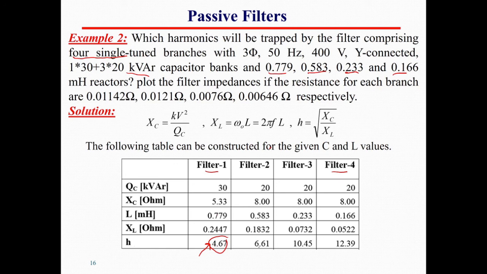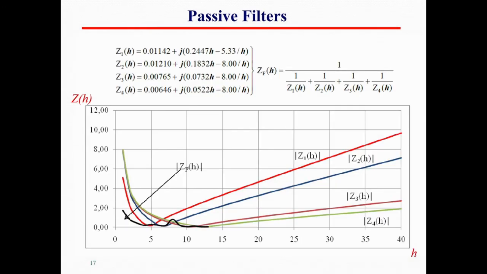This is supposed to do the seventh, but we did it at 6. This one's supposed to do 11, but we tuned it at 10.45, 13, but we did it at 12.39. And that will be the different system impedance. So you can see the harmonic order for each impedance of the filter. Then also you can find the overall impedance if you like.